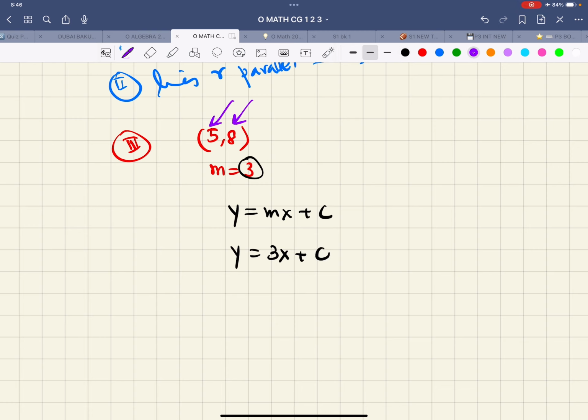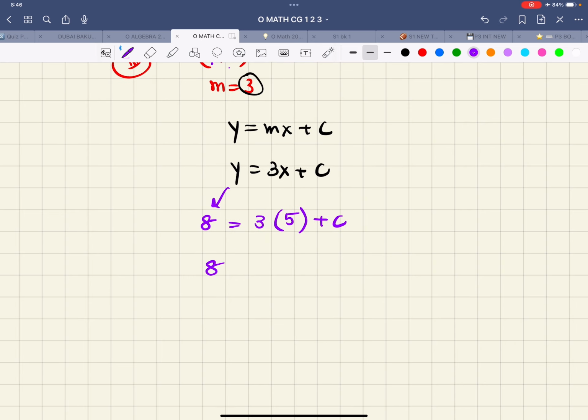Now plug in x is 5, y is 8. So instead of y, I'll write 8. Instead of x, I'll write 5, plus c. This is 8, this is 15, this is c. Therefore, 8 minus 15 is -7, that is c.